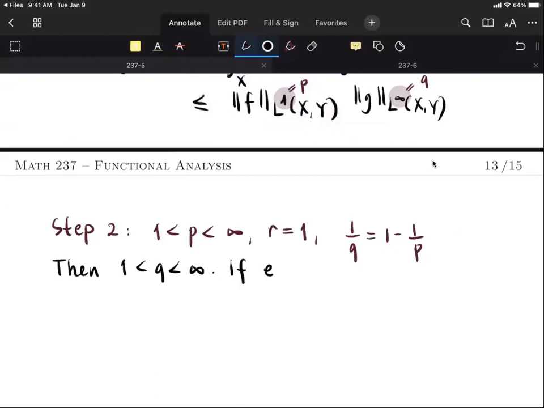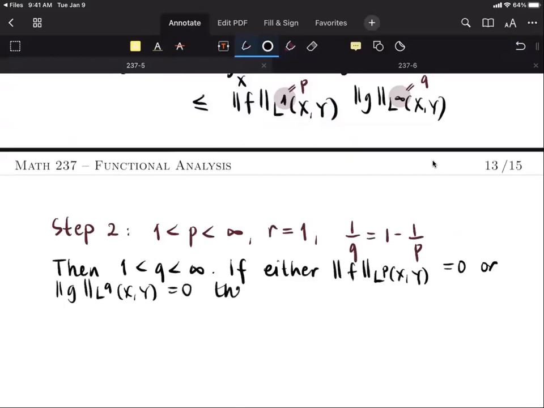So if either this value is 0 or the one with G, so LQ is 0, then either F is equal to 0 mu almost everywhere, or G is equal to 0 mu almost everywhere.